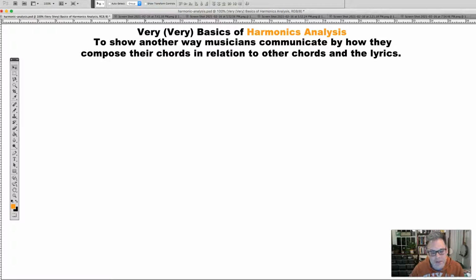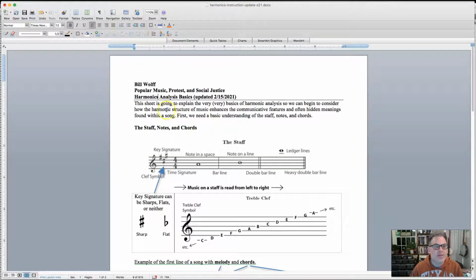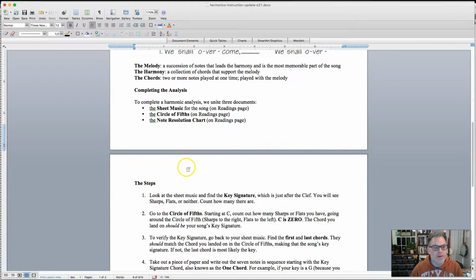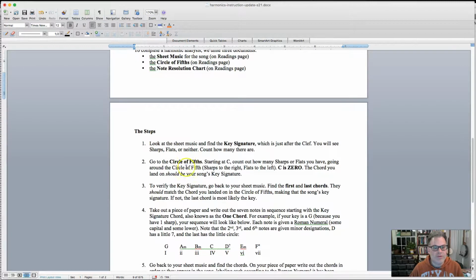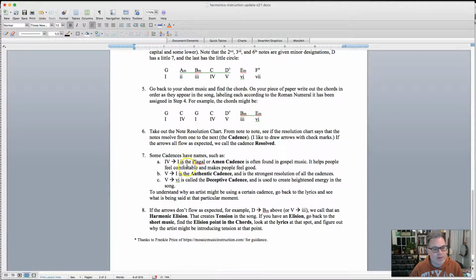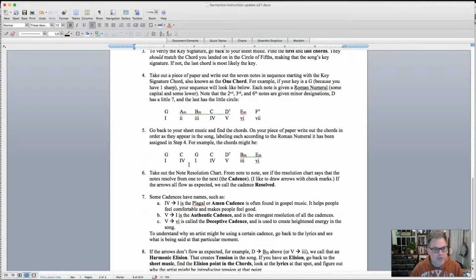Now, this video, you can imagine this is a whiteboard like in the classroom. I'm using Photoshop to do this work, and we'll see how it goes. It is designed to complement some instructions, these harmonics analysis basics, where we go over different things and then give you certain steps along the way to do this work.